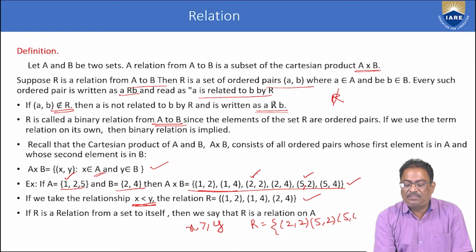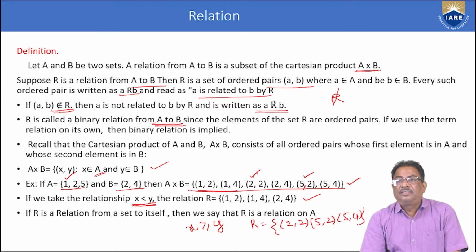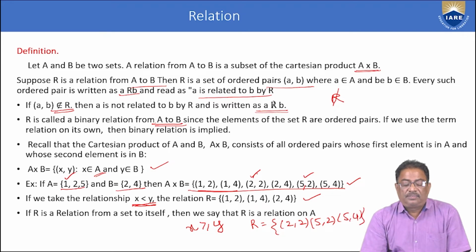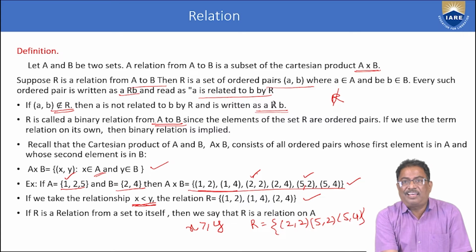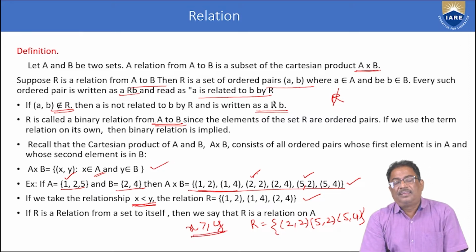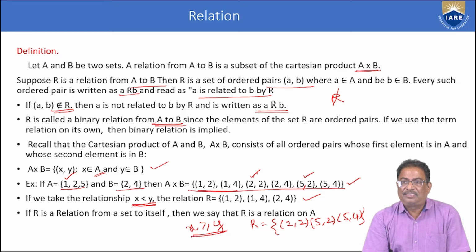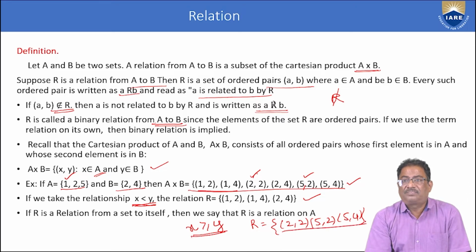This is another relation. The first relation was the first element less than the second element, and now I am taking the relation x is greater than or equal to y. This is the relation set.